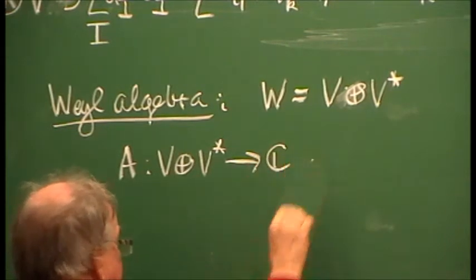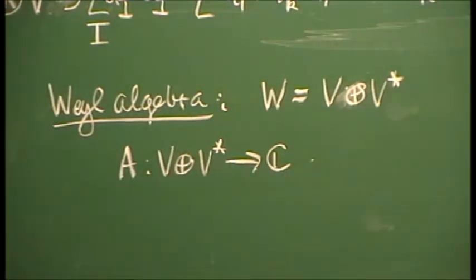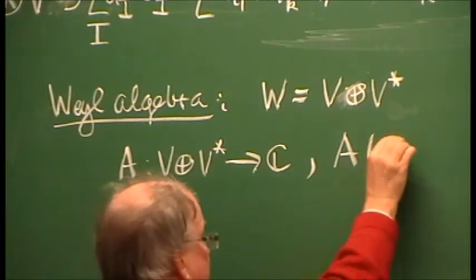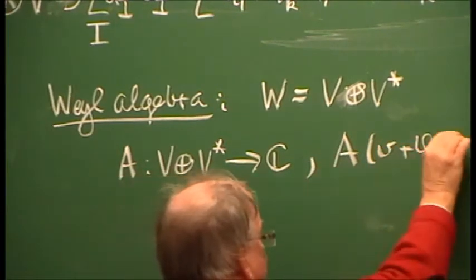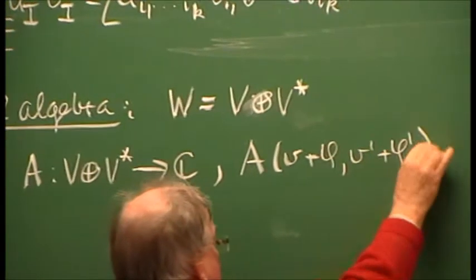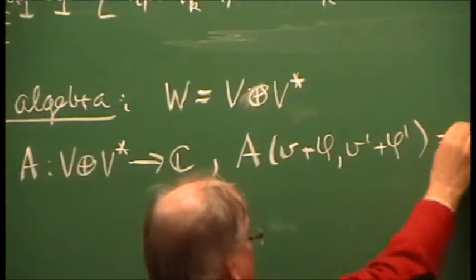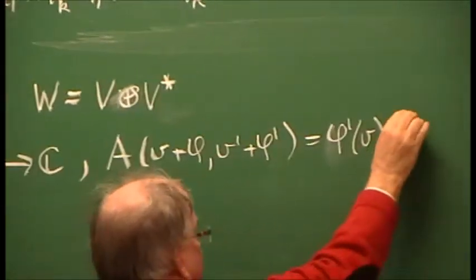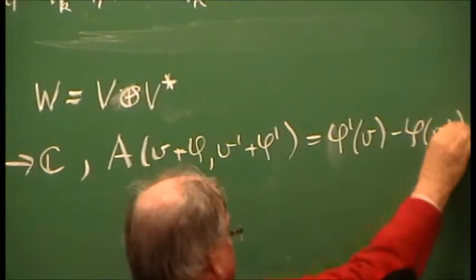I'm going to today use over C. It doesn't matter in any of the discussion right now. The form is defined by, as I defined it yesterday, well, second applied to the first minus the first applied to the second.